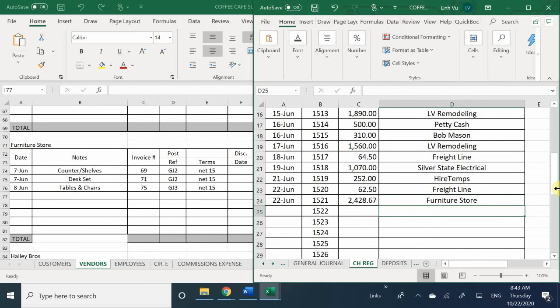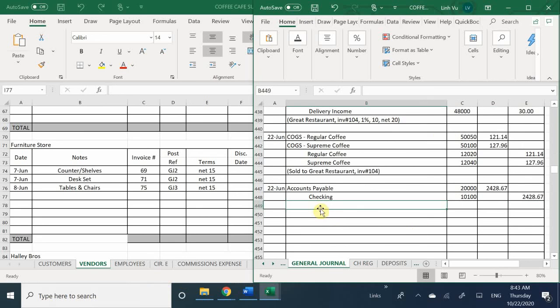Then we go back to the journal. And underneath we'll put furniture store, invoice numbers 69 and 71.